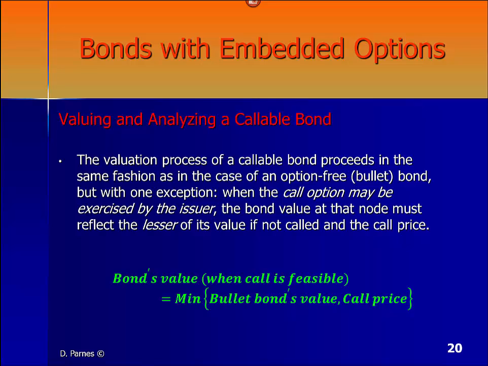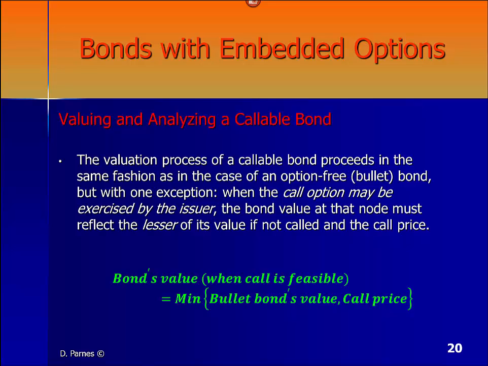And obviously he will do that only when the interest rate will go down. When the interest rate will go down, then the bond price will move up. This is when the bond issuer will call back the bond, will buy back the bond at a predetermined price.